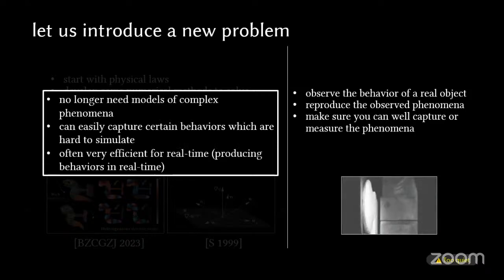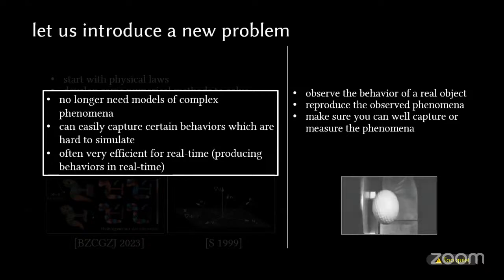So right now we want to get rid of those complex phenomena and easily capture certain behaviors, and we need an efficient real-time algorithm instead of taking hours or days for calculation.